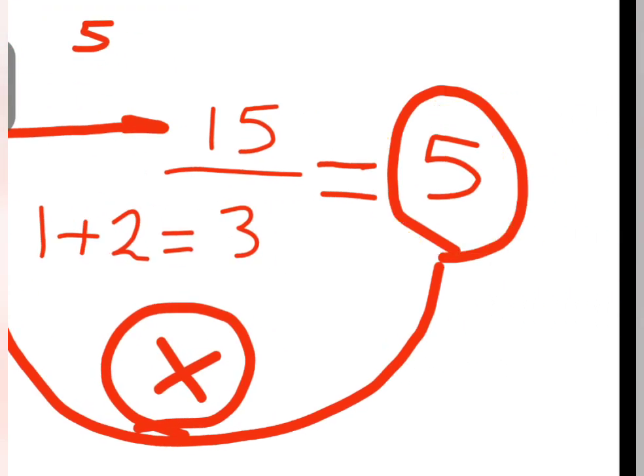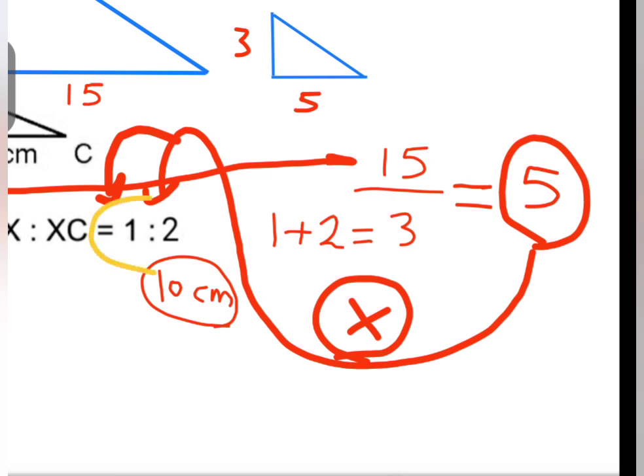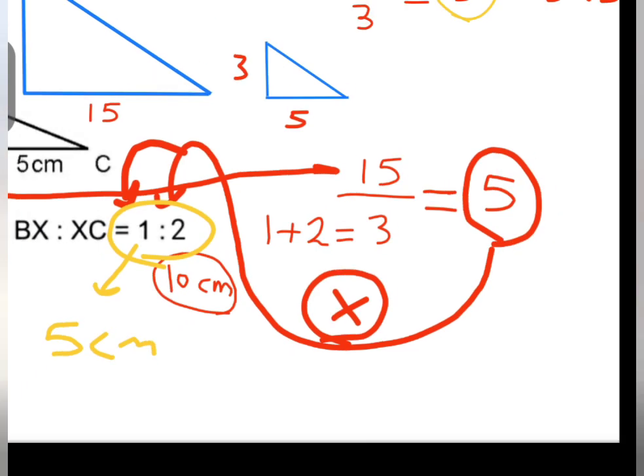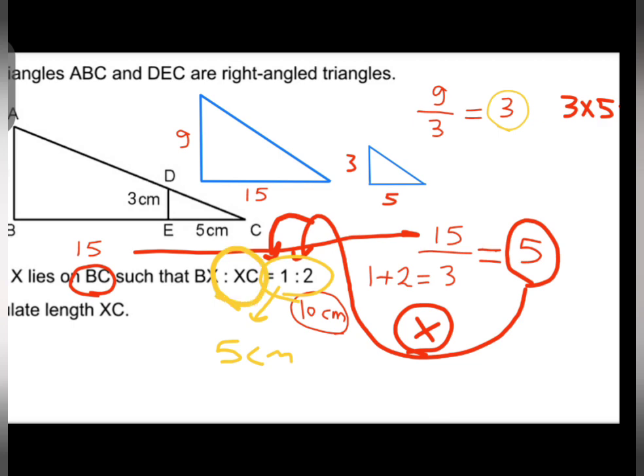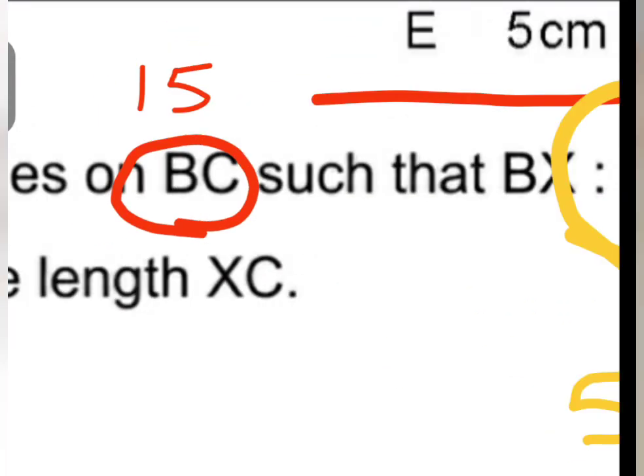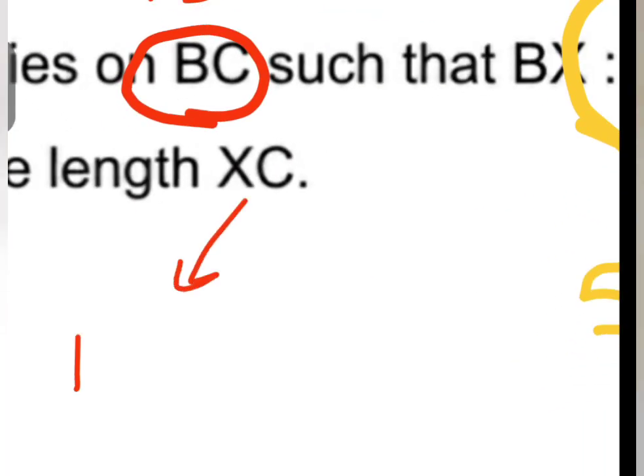We take the 5 and multiply it by the ratio, we will get the length of the lines. This one is 5 centimeters, and this one is 10 centimeters. Now the question here wants XC, which is 10 centimeters. You can write both of them in the answer, but make sure that you write the answer alone, and you say XC is 10 centimeters.